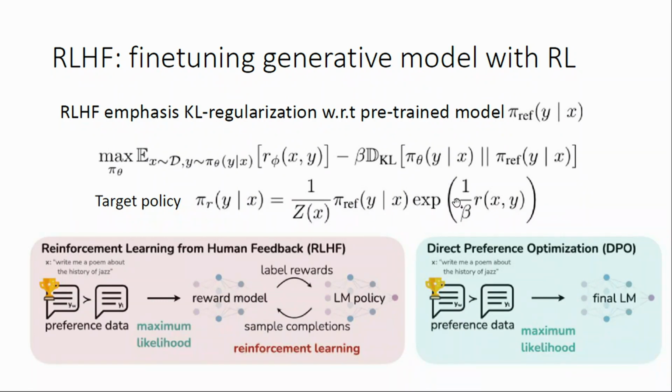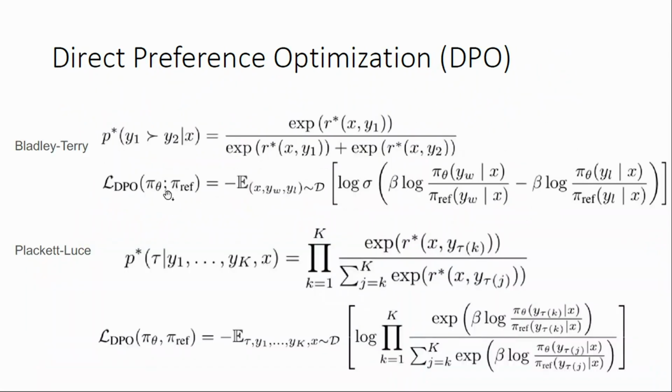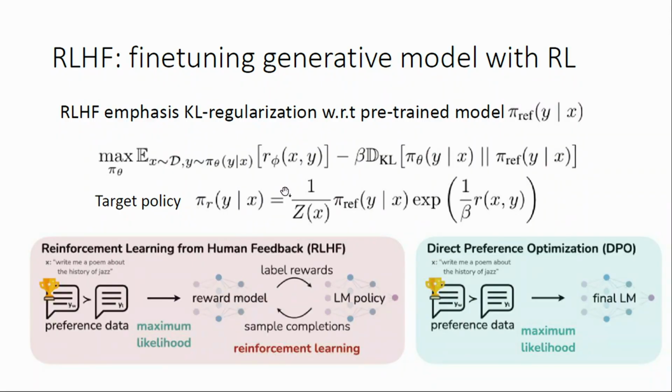So instead of optimizing likelihood with respect to the reward, you can directly optimize that likelihood with respect to the policy. That became the loss for DPO, where they're still training this function of maximizing the likelihood, but instead of using the reward, they substitute in this parameter of pi theta by rewriting this function here.